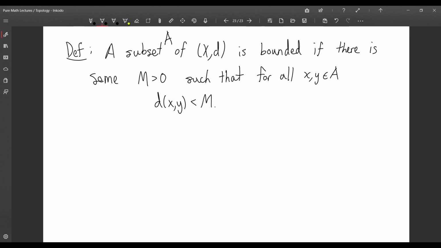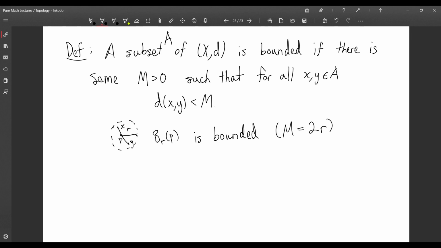So for instance, a ball, right? If we consider the ball B sub r of p, it is bounded. And we can prove this by using m equals 2r, right? And that's called the diameter, because if I take 2 points, x and y, you essentially just use the triangle inequality.